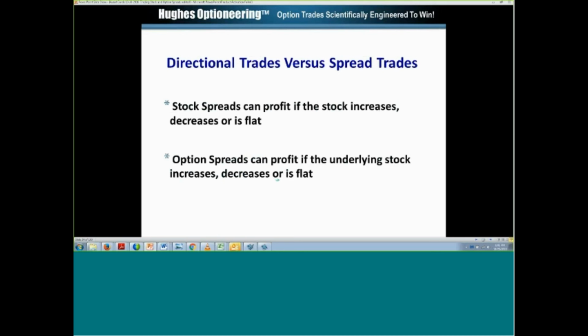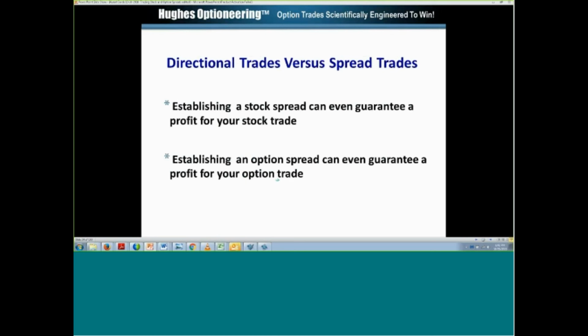And with option spreads, you can also profit if the underlying stock increases, decreases, or is flat. And establishing a stock spread trade can even guarantee that you'll have a profit for your stock trade, and establishing an option spread can even guarantee a profit for your option trade.